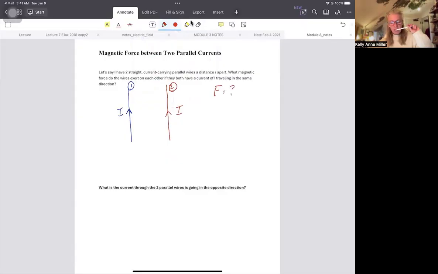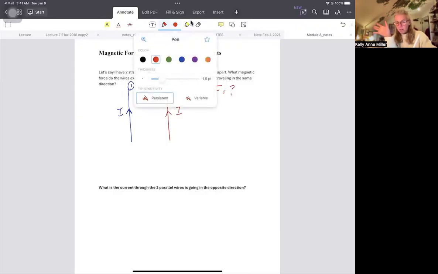Okay. So I'm going to start off by using the right-hand rule. Okay, and I'm going to look at it from the perspective of wire number 1. Okay, so I'm going to put my thumb in the direction of the current, and I'm going to curl my fingers in the direction of the B field. Okay, so the B field is going to go, and let me draw it in blue.